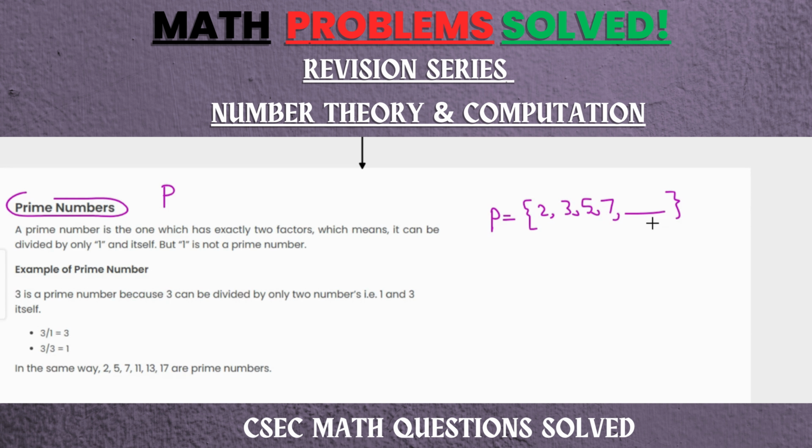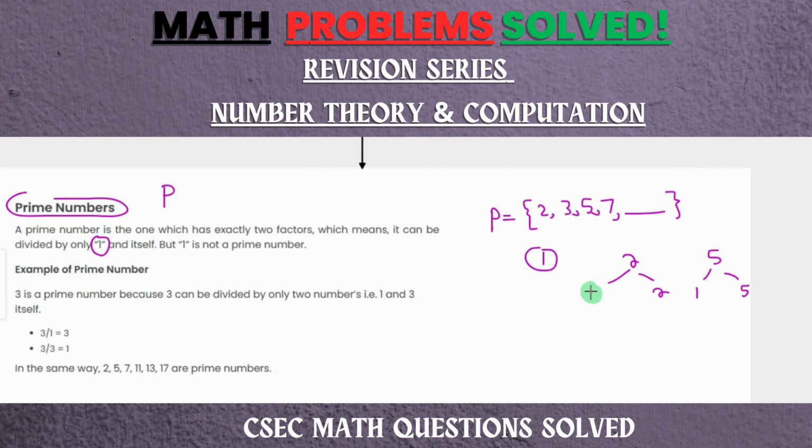Like 9 is not a prime number because it has three factors. The reason 1 is not considered a prime number is that 1 has only one factor, that is 1 itself. But if we look at 2, it has two factors, 1 and 2, right? If we look at 5, it has two factors, 1 and 5. So prime numbers are the numbers which have two factors.